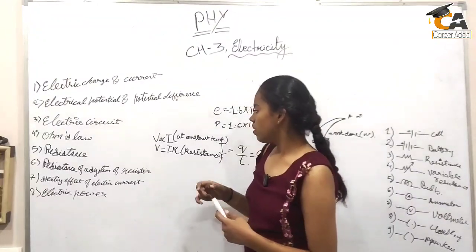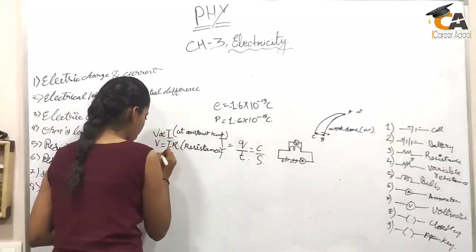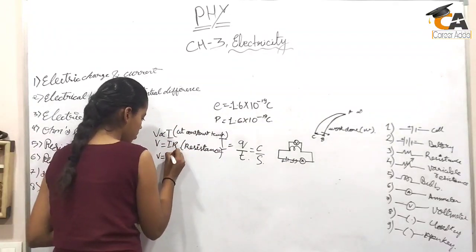V equals IR. This is represented in many other forms.